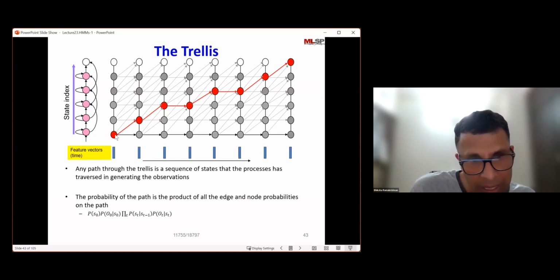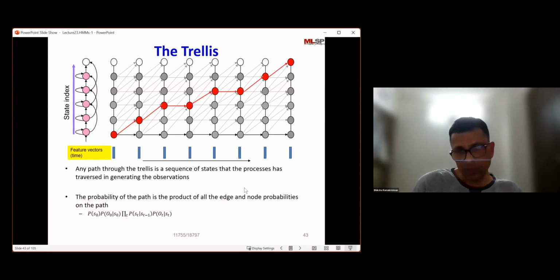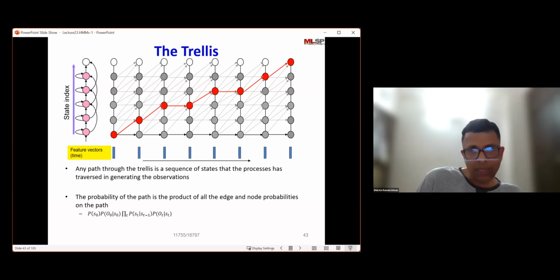So that's going to be P of S0 times P of O0 given S0 times P of S1 given S0 times P of O1 given S1, and so on. So that's given by this equation here. Is this equation making sense overall, yes or no? Easy, okay?